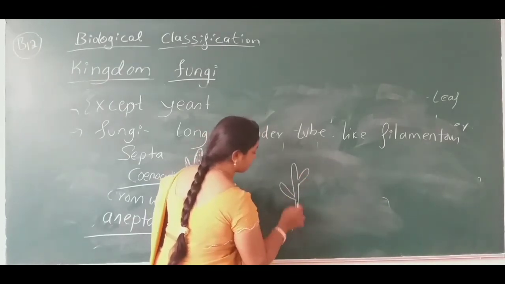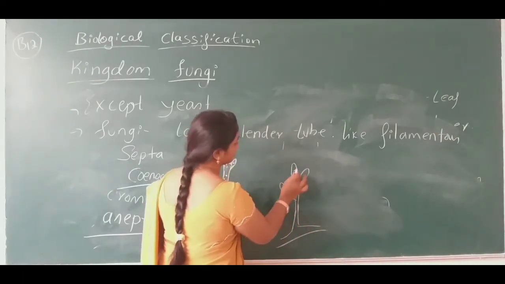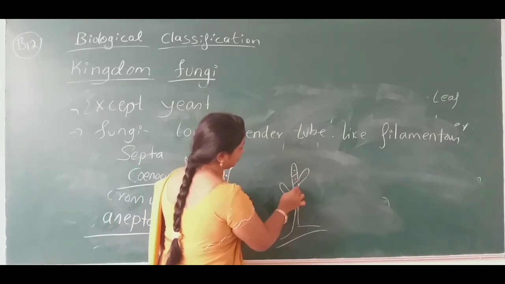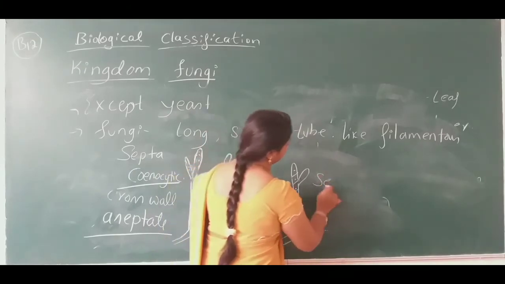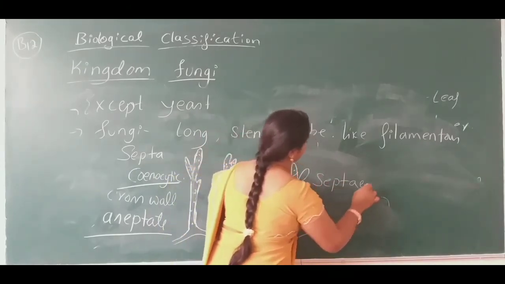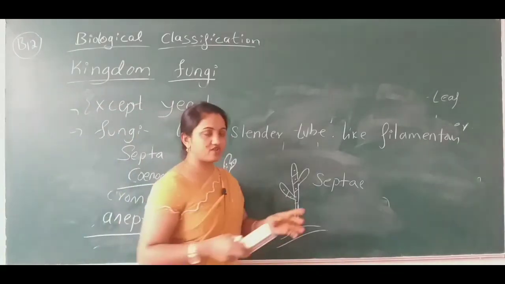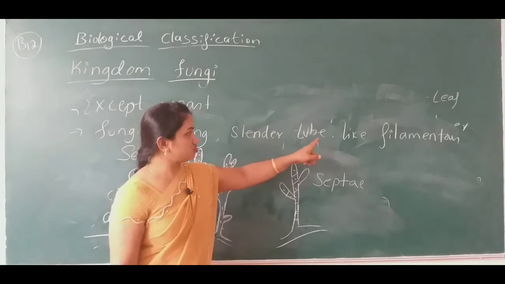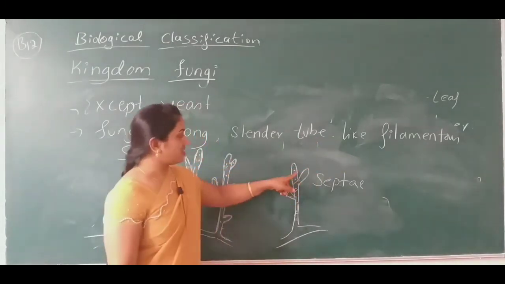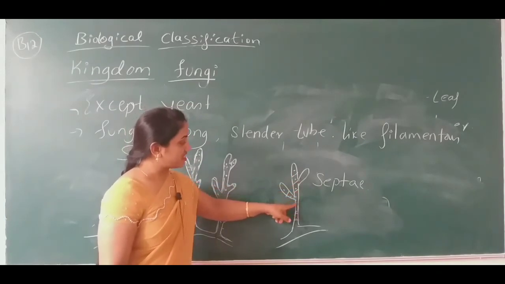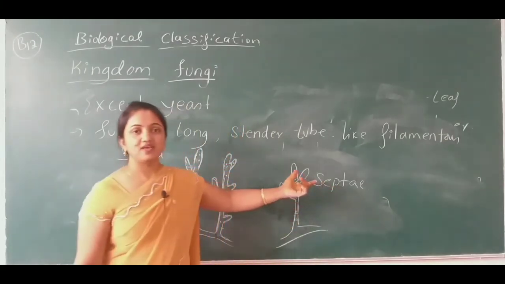Hyphae having cross walls, or septa, are known as septate. If inside the long, slender, tube-like filament there are cross walls, those mycelium are known as septate.